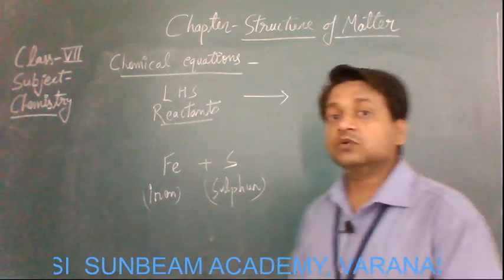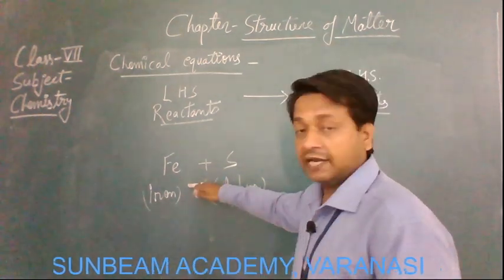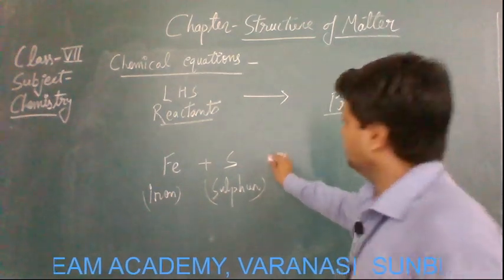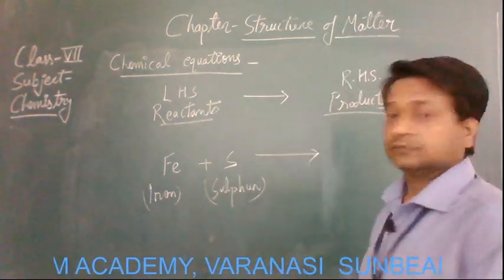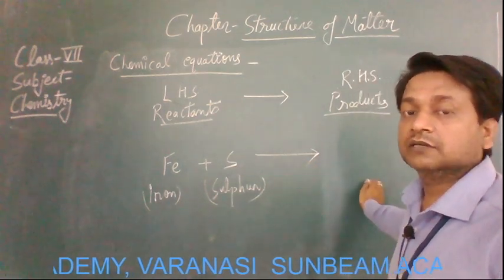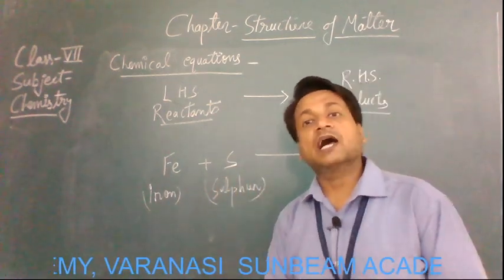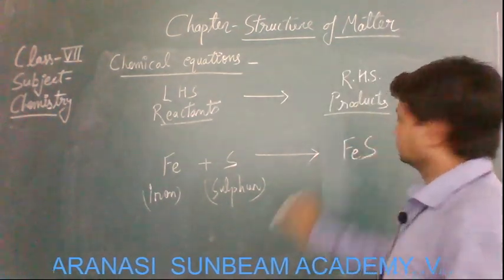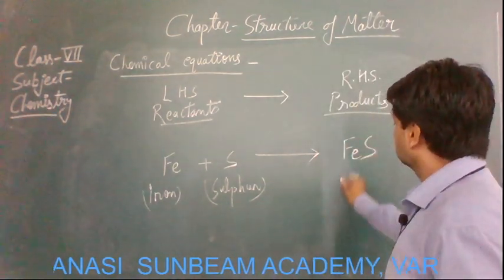And as I have told, between reactants and products there must be an arrow sign. And after the arrow we will write the product. So the product that will form is iron sulfide, FeS.